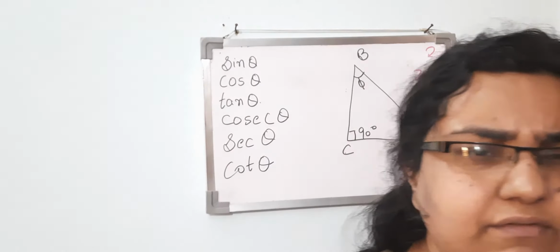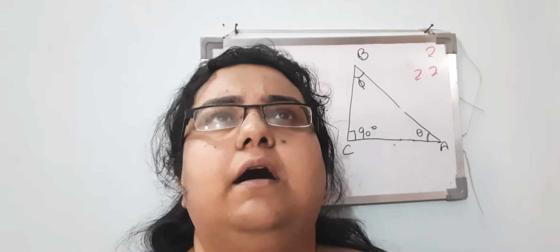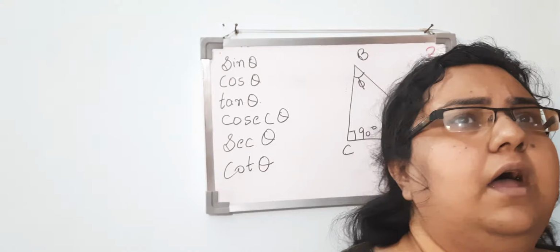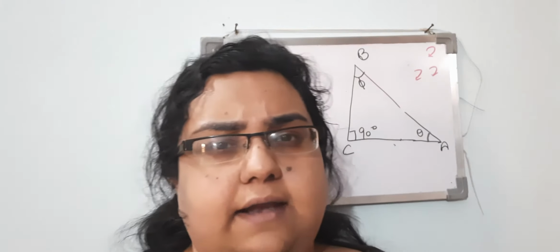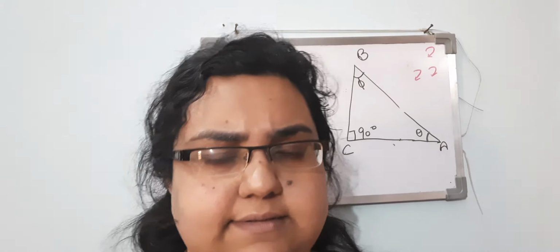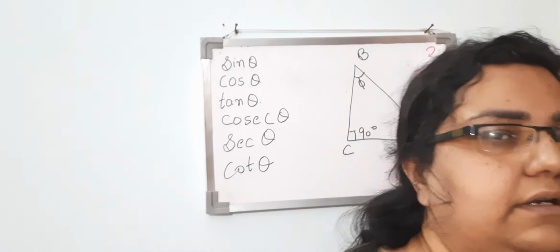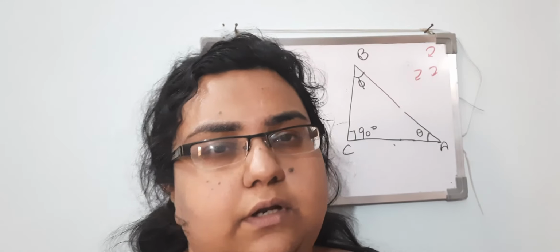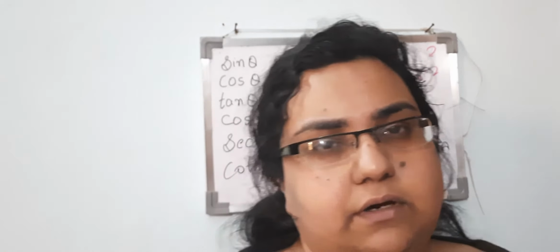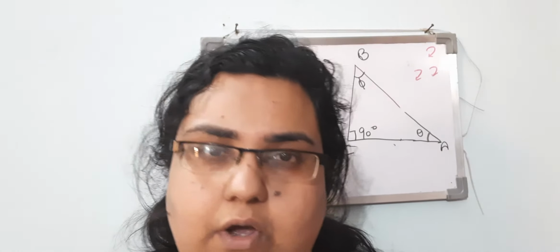Trigonometry is the base of your 10th class and it continues in higher classes like 11th and 12th. The identities which we learn in our trigonometry chapter carry forward for your 11th and 12th sessions also.